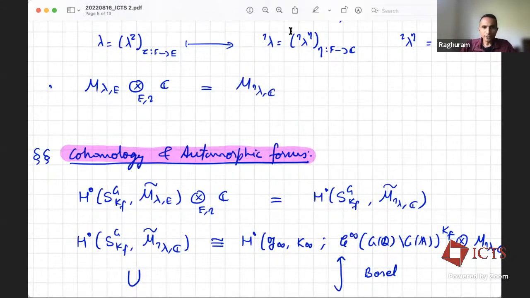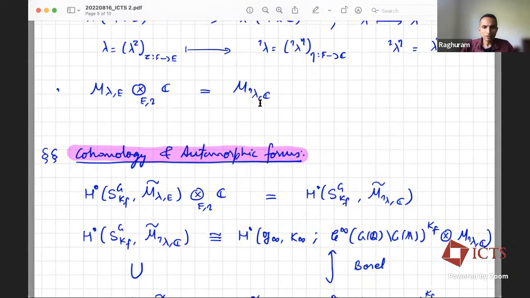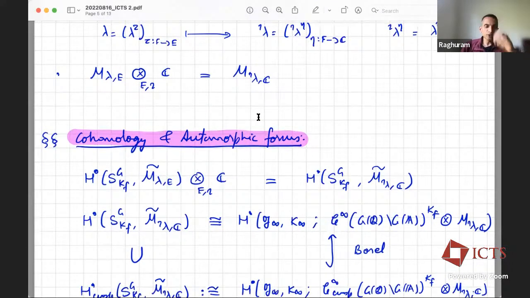There's a basic isomorphism here: if you think in terms of differential forms, you'll see that this sheaf cohomology is isomorphic to what's called relative Lie algebra cohomology with coefficients in the space of smooth automorphic forms, C infinity of G(Q) backslash G(A). And since I have some level structure K_F, I have to take K_F-invariant functions of this space of smooth automorphic forms, twisted by this finite dimensional coefficient system.